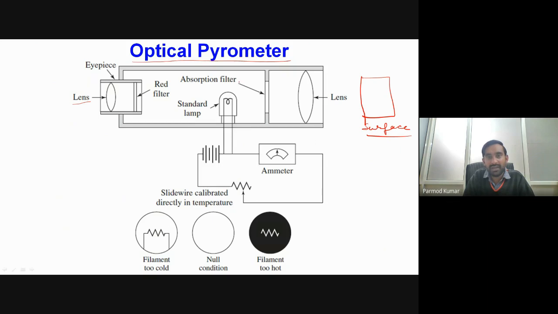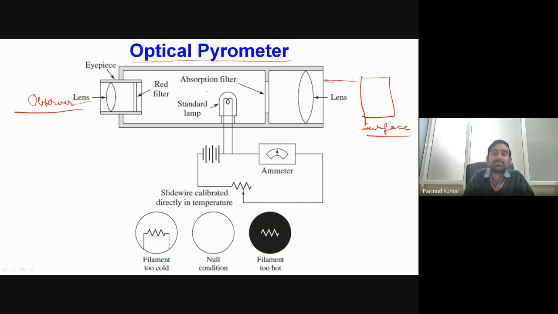Then we have an absorption filter, and close to this lens we have a red filter. Then we have the observer, who will be observing this surface, and this lens focuses all the light from here.